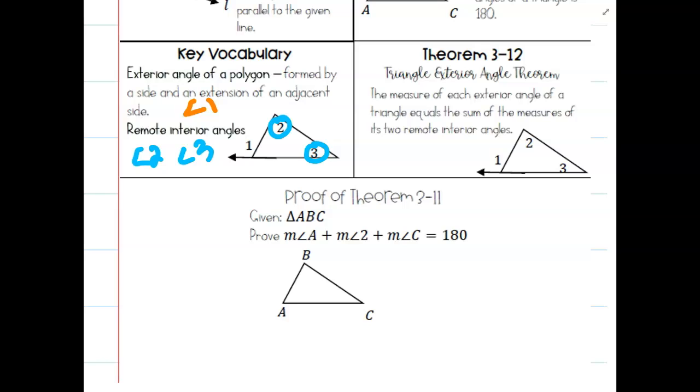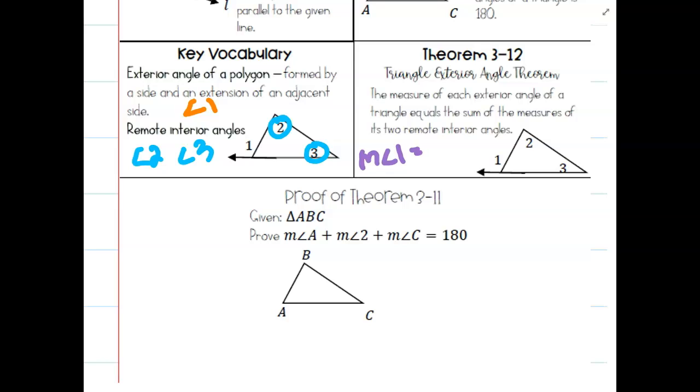You know, the reason why we're interested in that is theorem 3.12, which is the triangle exterior angle theorem. The triangle exterior angle theorem, which is really kind of interesting, I think, says that if you were to take the measure of your exterior angle, so in this case, the measure of angle 1, that is equal to the sum of the remote interior angles.